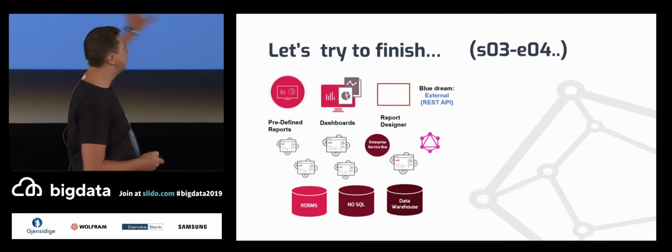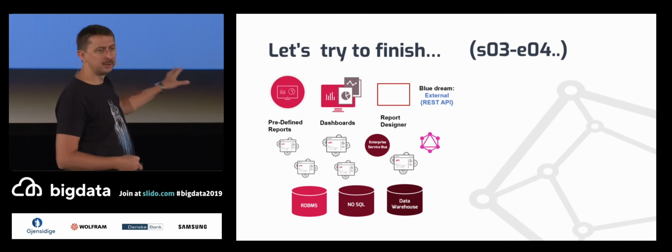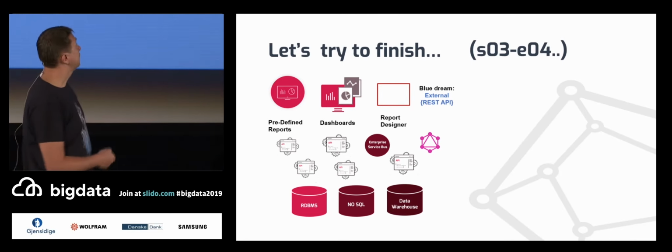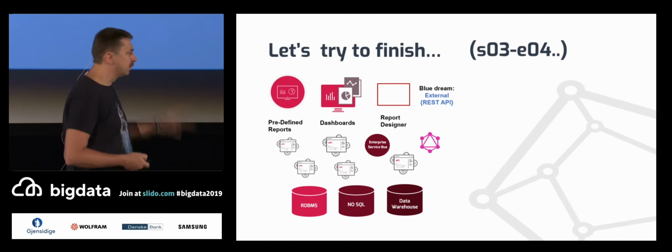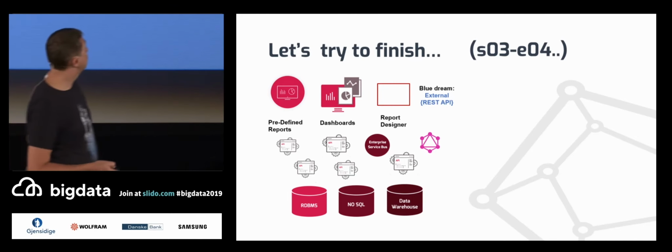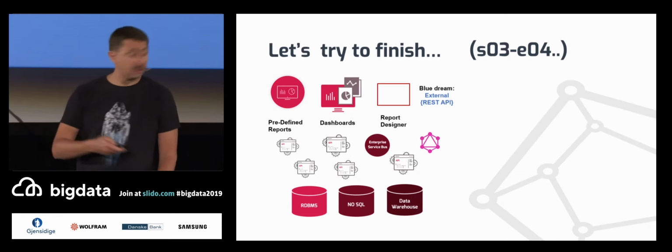They're trying to hide it because it's so ugly and not working, not covered by tests. It's true. Well, then the blue dream: what if we create the APIs and push them to the customers, and customers will take the data.